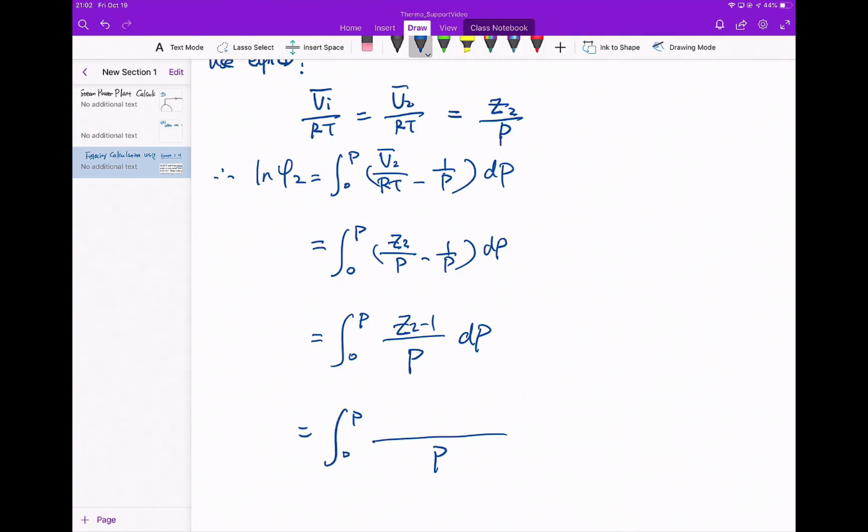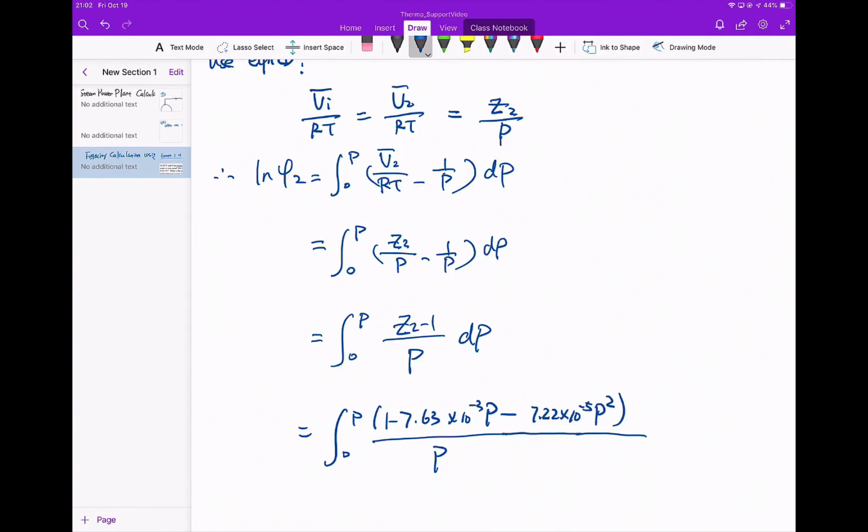Z2 is 1 minus 7.63 times 10 to the minus something P minus 7.22 times 10 to the minus something P squared.